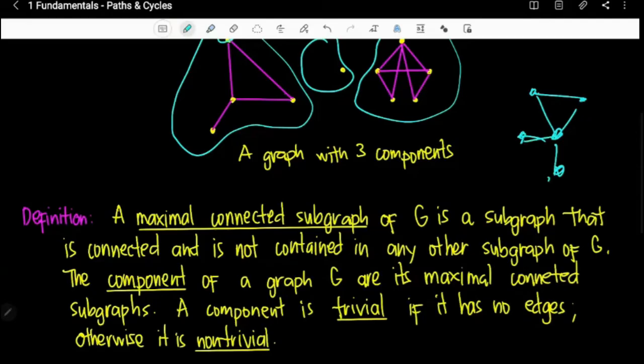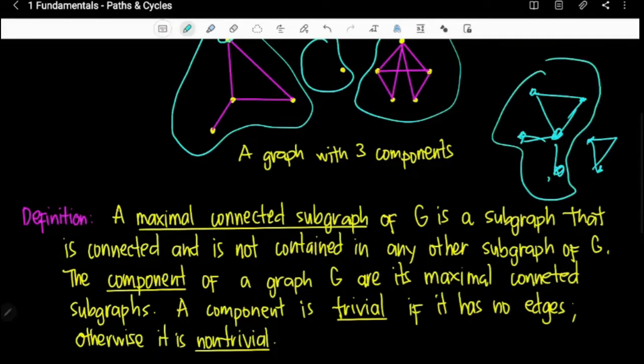Ibig sabihin, pag nagbawas ka ng isang edge dyan, nagiging disconnected na siya. Okay? So, a maximal connected subgraph is a subgraph that is connected and is not contained in any other subgraph of G. So, kung may iba pang point si G, dapat hindi na nakakonect sa kanya para masabi mo na siya ay maximal. Yan.